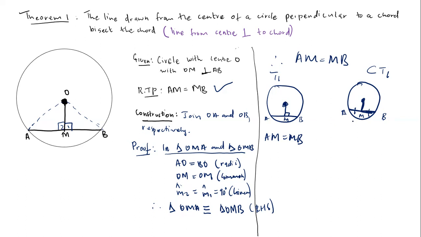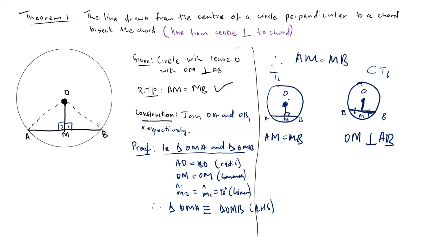So the converse says, if AM is equal to MB, that means, let me write O here, that means OM is perpendicular to AB. These two are the same.